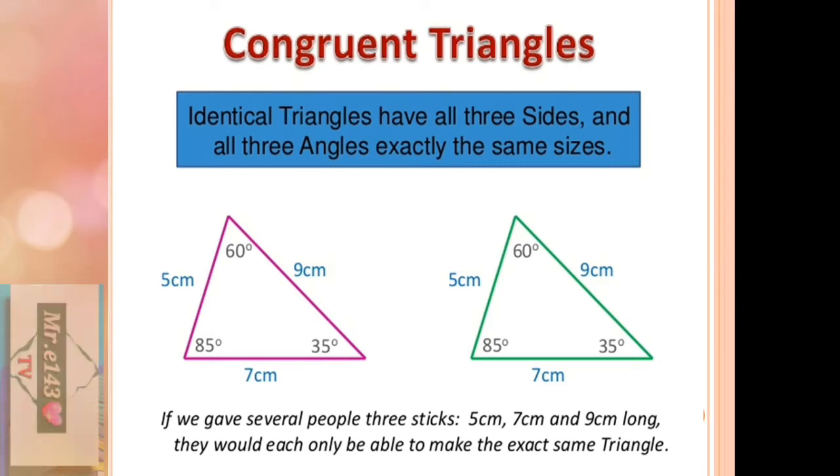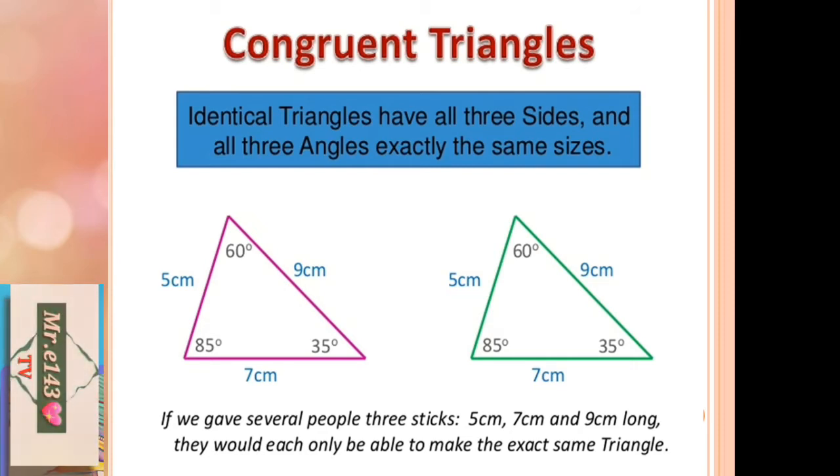As we observe in the picture, there are two triangles, the left side and the right side. They are exactly the same sizes and, of course, the same angles: 5 centimeters, 7 centimeters, and 9 centimeters, with angles 35 degrees, 60 degrees, and 85 degrees.